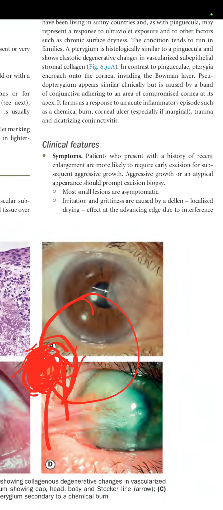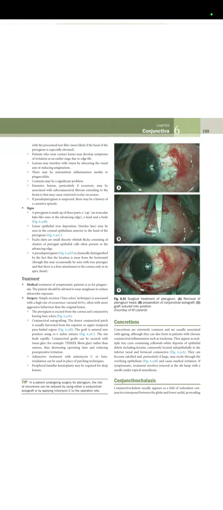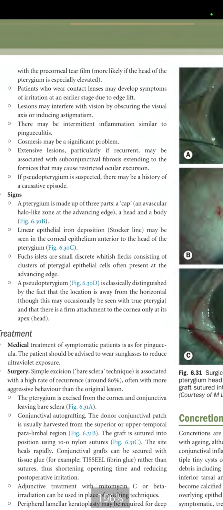Due to the corneal dryness, the cornea gets abraded, and so it leads to a localized marginal epithelial defect, and this is called dellen formation. So irritation and grittiness are caused by dellen, a localized drying effect at the advancing edge due to interference with the precorneal tear film, more likely if the head of the pterygium is especially elevated.